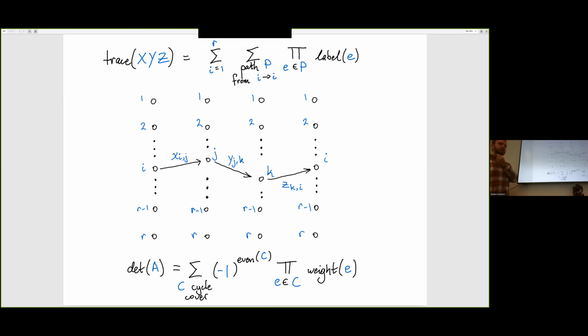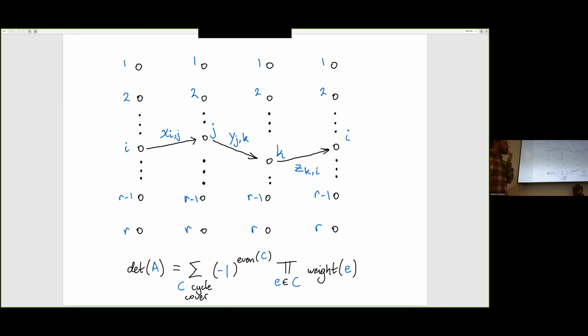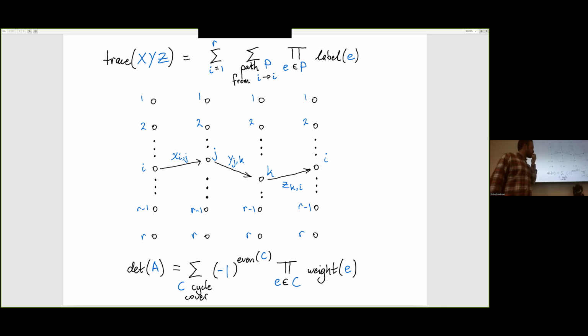So he has access to all the cycle covers, but with these negative weights. What I don't understand is, say from i to i, you have 100,000 different paths, and from i minus 1 to i minus 1, there's just a single path. In the cycle covers, you're going to pick up this one cycle over and over again, but from i to i, you're somehow going to split over these 100,000 different cycles.